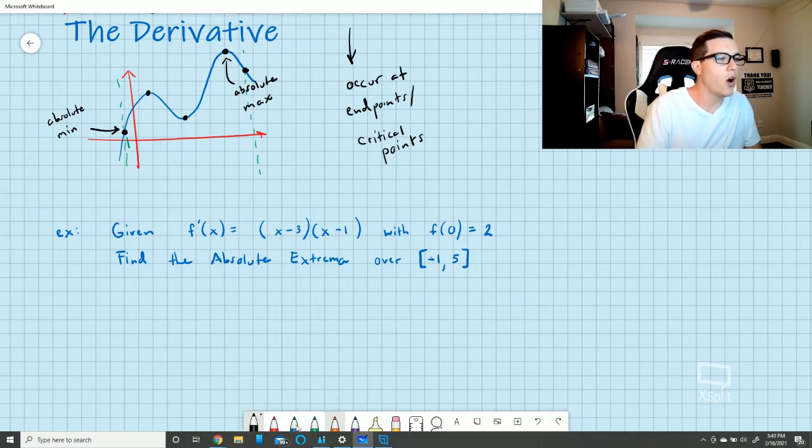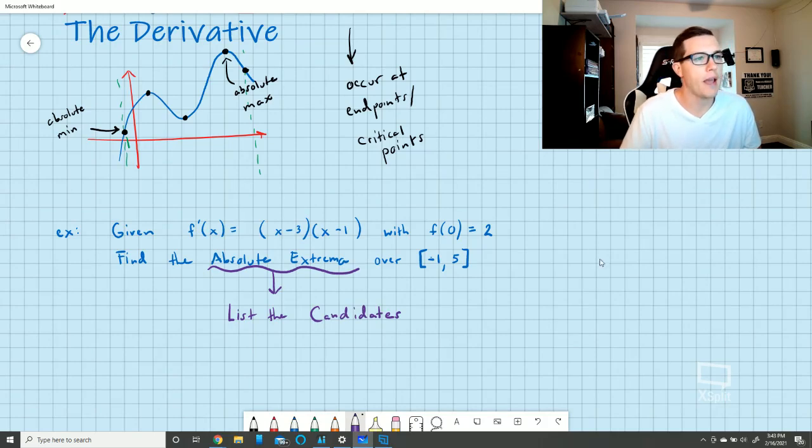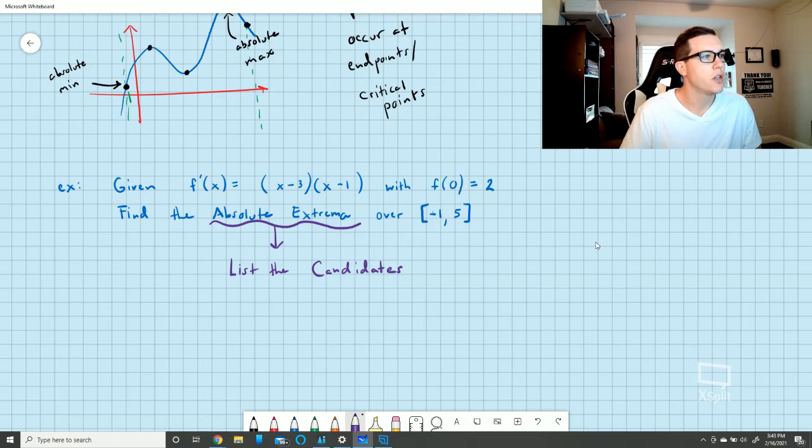The first thing I always want you to do when you see absolute extrema, that should immediately tell you to list the candidates. Candidates means the potential places where you could have an absolute maximum or an absolute minimum. And there are two types, like I said above, endpoints and critical points. So two of them you get for free. You get f of -1.